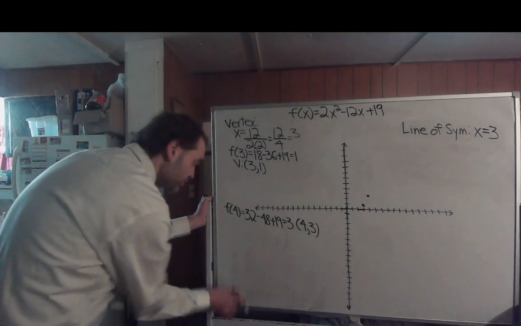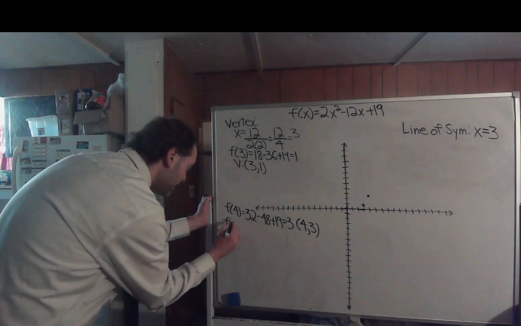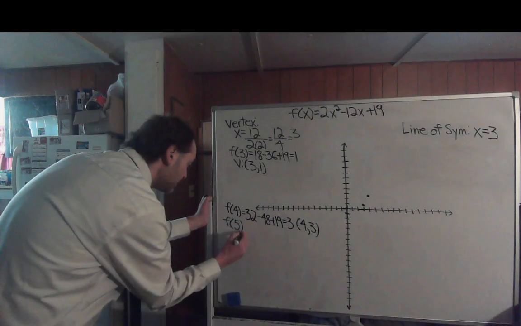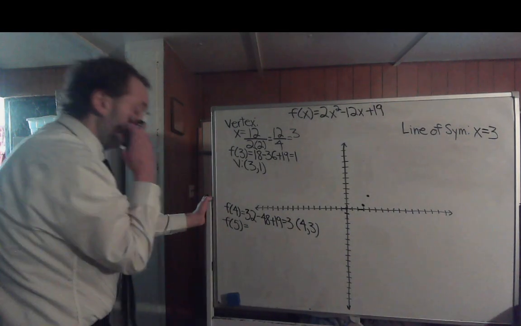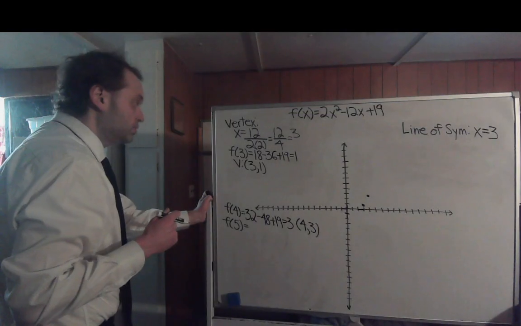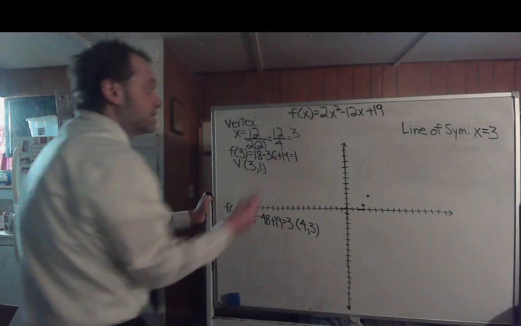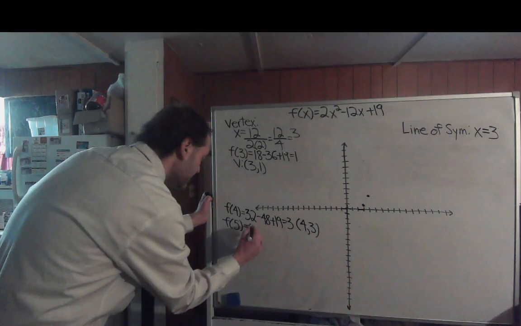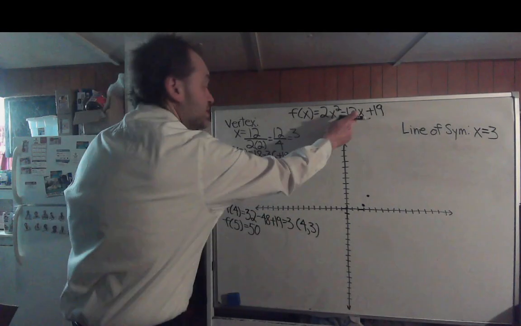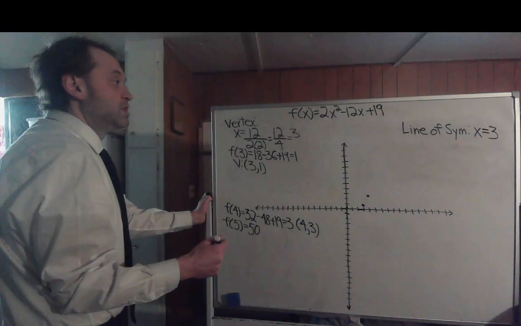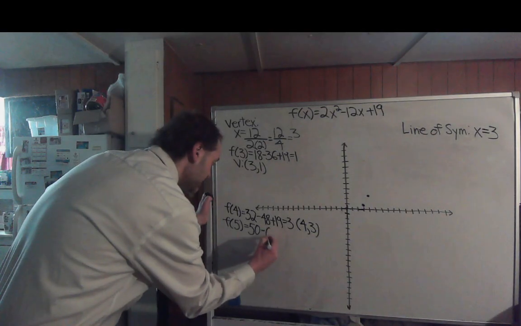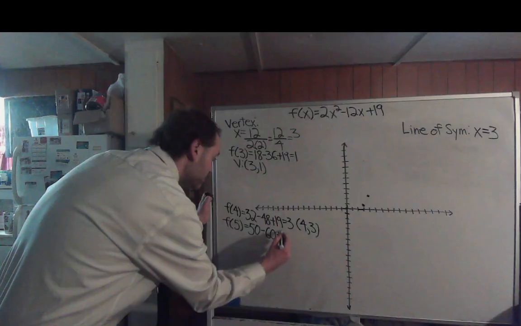So I've got to plot 4, 3, which is going to be right there. And then for good measure, let's do f of 5. So 5 to the second is 25 times 2 is 50, minus 12 times 5, that would be minus 60, then all that plus 19.